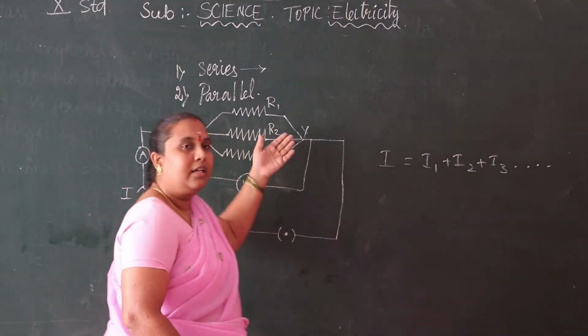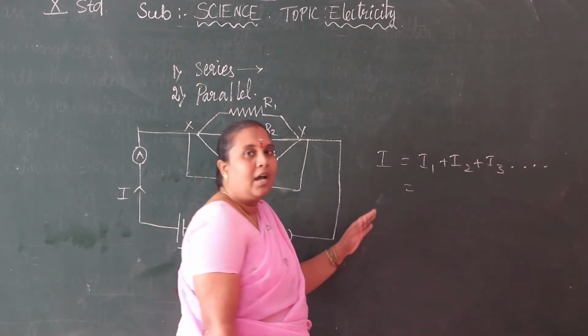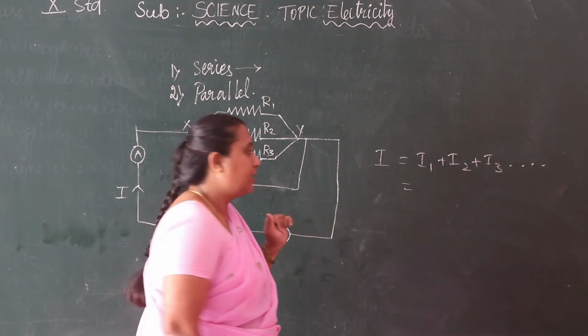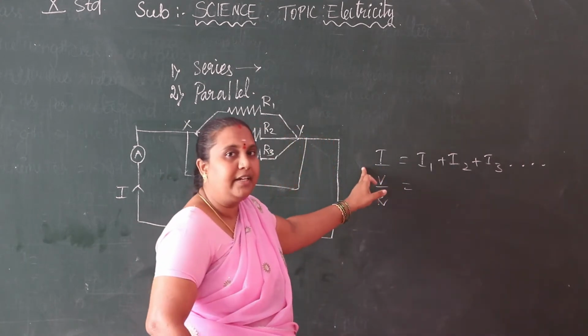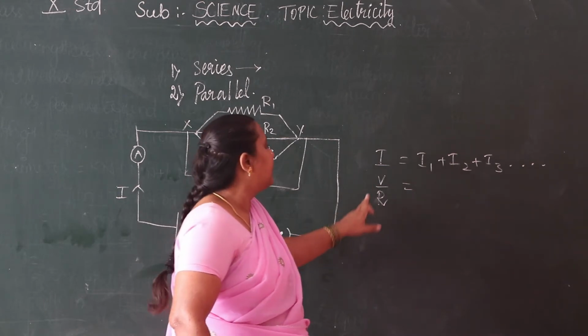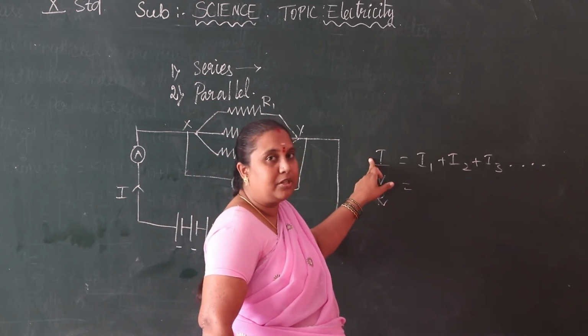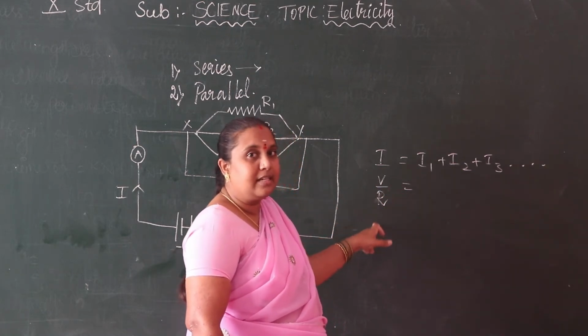Why? Because here we took three resistances. So what is I? I equals V by R. Electric current I equals potential difference by resistance. That is, electric current is directly proportional to potential difference and inversely proportional to the resistance R.